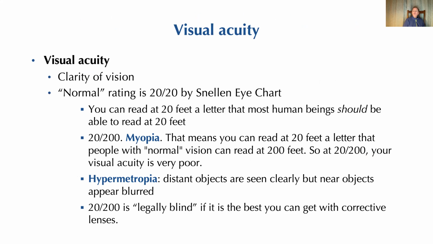This means that you can read at 20 feet what most every human being can read at 20 feet. When you are 20/40, 20/50, 20/200, getting progressively bigger, this means at 20 feet, you can only read what a normal person could read at 200 feet away from the chart.